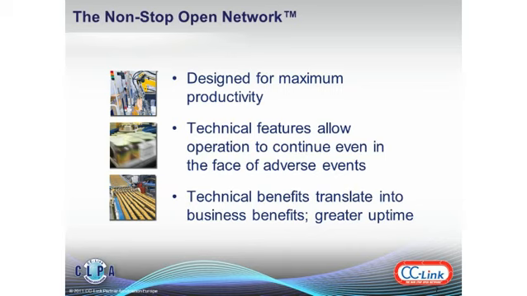So say for example a cable is cut or disconnected, or a controller goes offline, or a field device ceases to operate correctly. These are all events which are common on the shop floor, but which CC-Link is designed to handle without causing adverse effects on the rest of the network. Basically, what this translates into is greater uptime, and so therefore maximum productivity, hence the name non-stop.